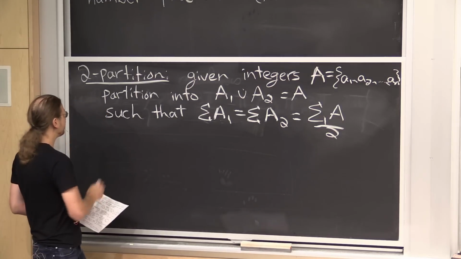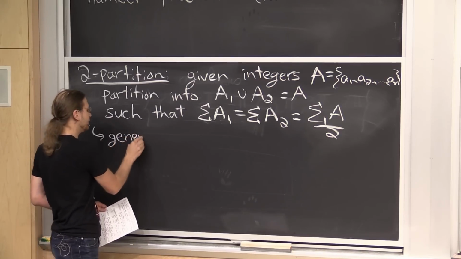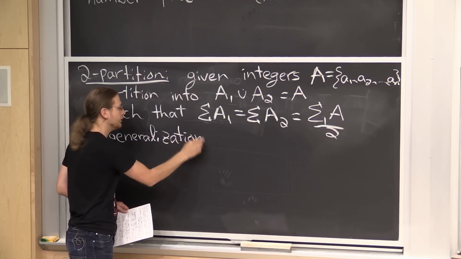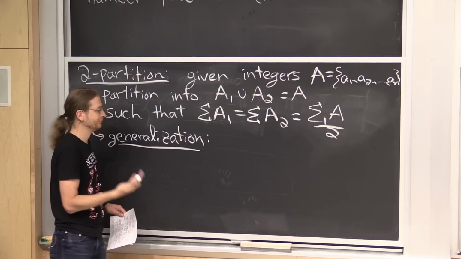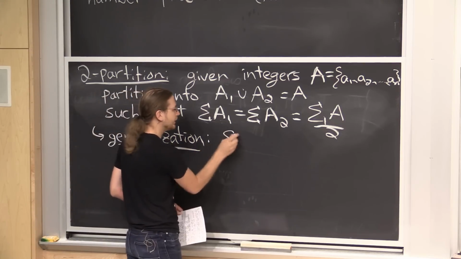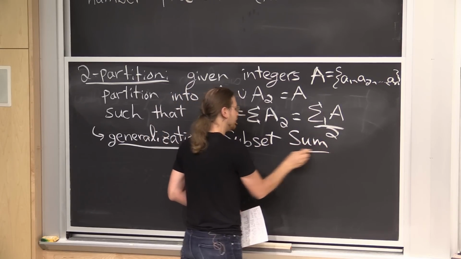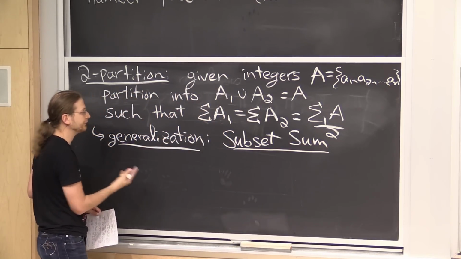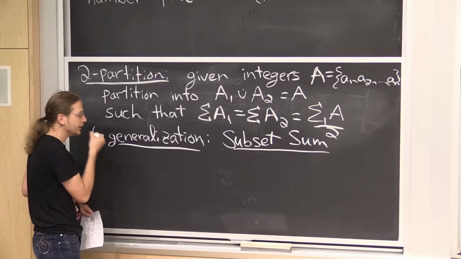As a sideline, I'll mention there's a generalization of this problem. So it's also NP-hard. Any generalization is going to be even harder, but it's useful to know about. It's called subset sum. Occasionally, it's easier to think about subset sum instead of partition, although it's a generalization. So if you can reduce from subset sum, you can also reduce from partition.